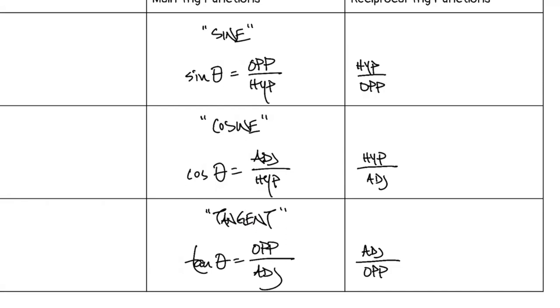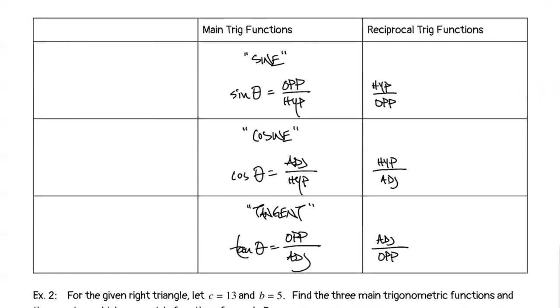So we've got all these reciprocals. That's all we mean when we say reciprocal trig function. All we mean is we take what we defined one function as, and we flip-flop the top and bottom, and we get a different function. But now that we have a different function, we need to give it a different name.